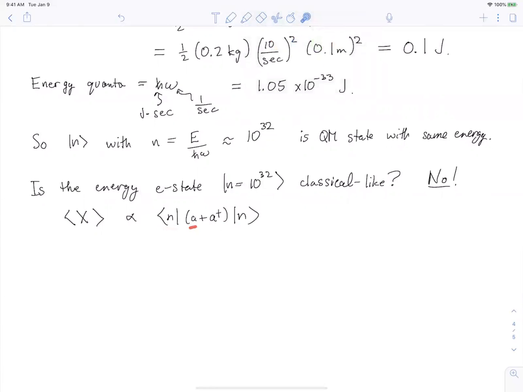And the a acts on n and changes it into n minus 1, which again gives 0 overlap. And so this is just equal to 0. In the same way, the expectation value of the momentum is equal to 0. So the position and momentum expectation values are not only constant, but they're just 0.